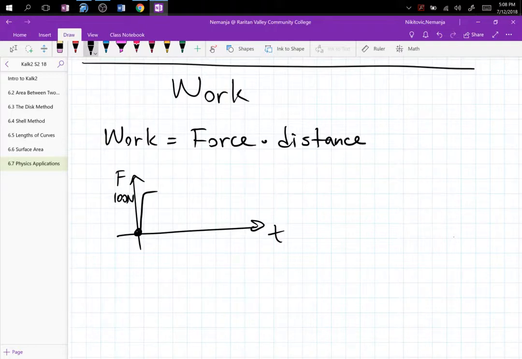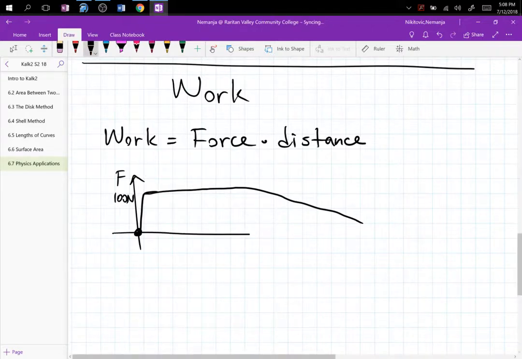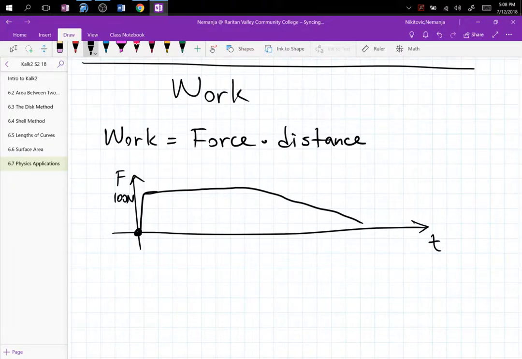You're pushing 100 newtons because you're extremely weak, obviously, it's nothing. But over time you're getting tired, and then you are pushing less, and then you just quit. So this would be the graph of what the force actually looks like in time.